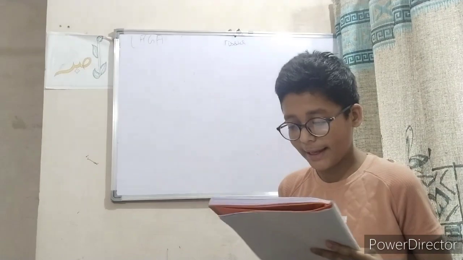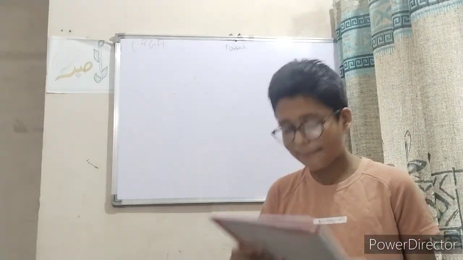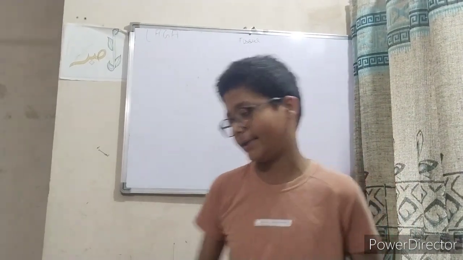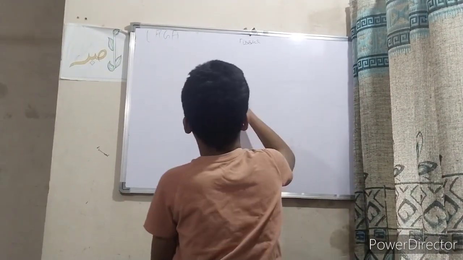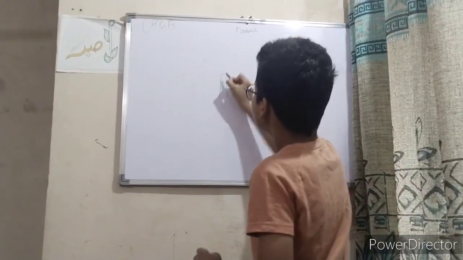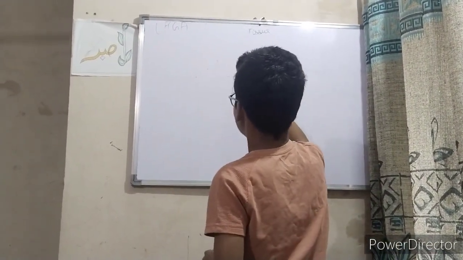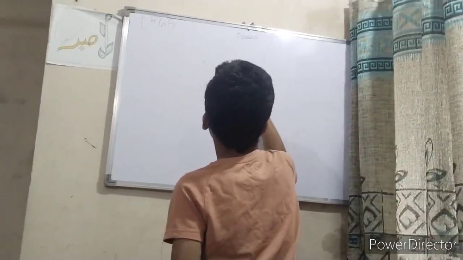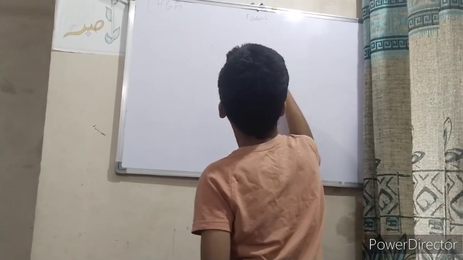Apical meristem is responsible for the growth of the tip of the plant. Let us explain it. Suppose this is the tip of the plant. Here is present the apical meristem.